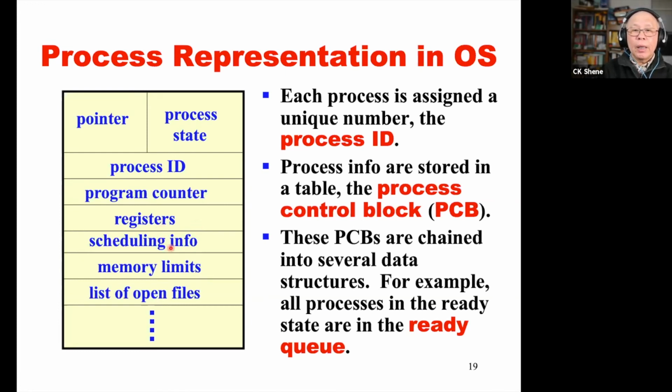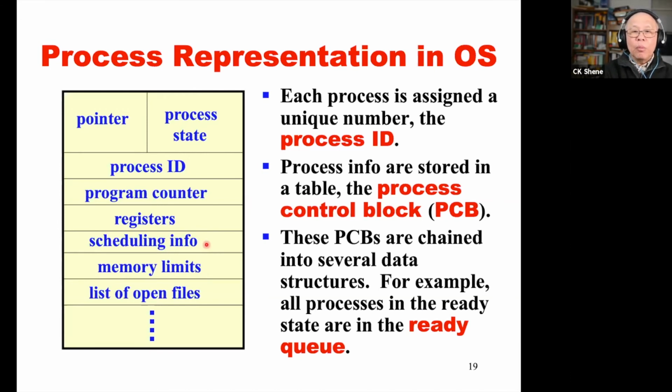The next item is scheduling information. Why do we need it? Yes, of course. In a larger system, there could be hundreds or even thousands of processes running. Some processes are more important than the others. For example, as a student, your process may be less important than a process created by the system administrator to handle something urgent.